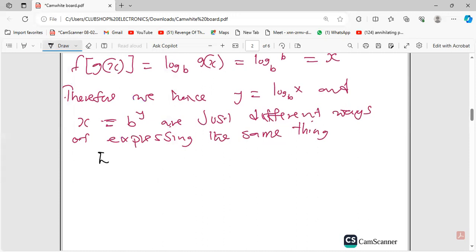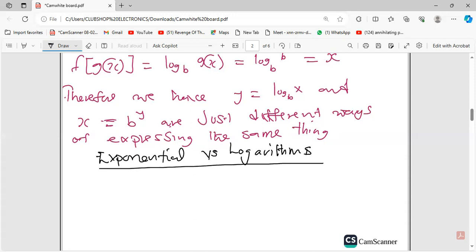So, exponential, they are the bases, logs, logarithm. How do you change form? How do you change from log to exponential?